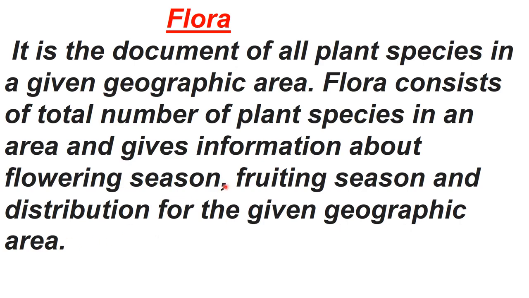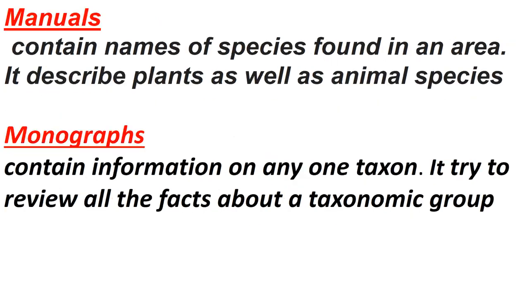So this flora is a document which gives all the information about the plant species in that area, including the flowering season of the plant, the fruiting season, and where that plant is distributed in that area. This is a taxonomical aid which can tell you about the plant species present in an area.